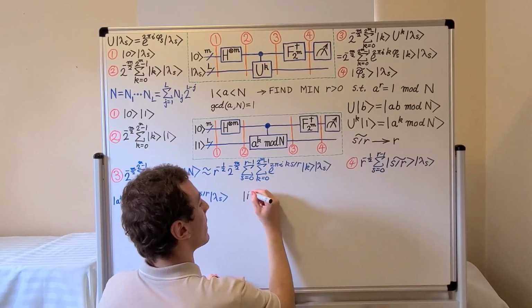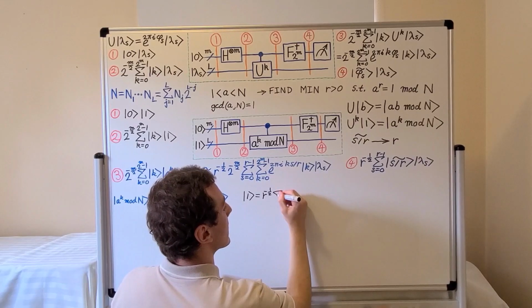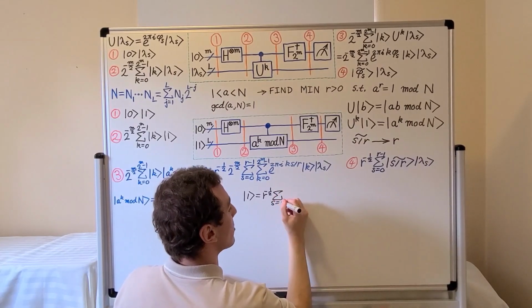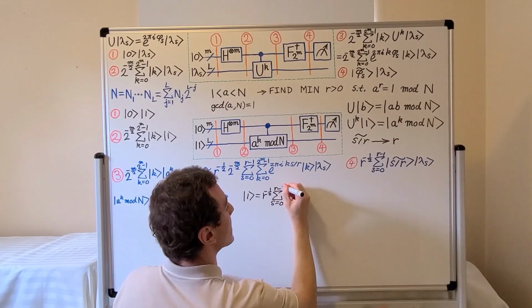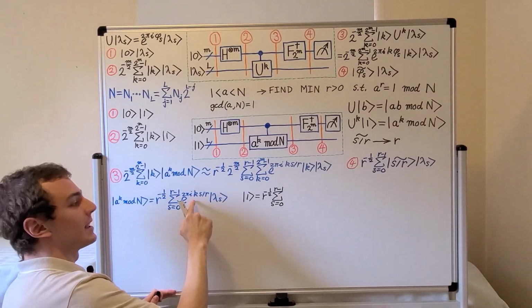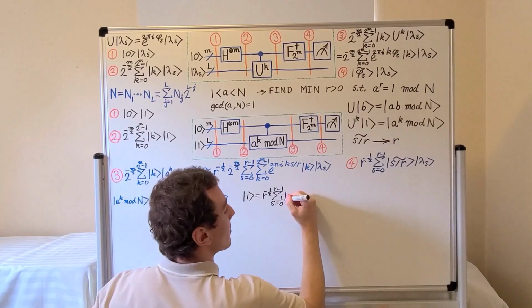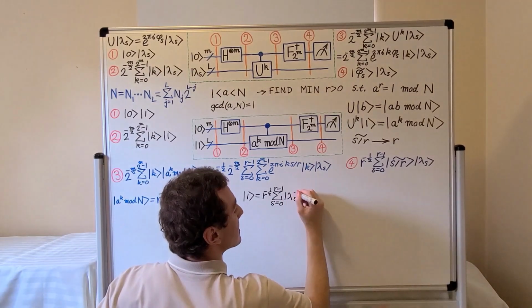So the state 1 is actually equal to r to the minus 1/2, the sum from s equals 0 up to r minus 1. And this coefficient over here, we're going to have k equal to 0, so this is just going to be equal to 1. And then we're going to have lambda sub s.